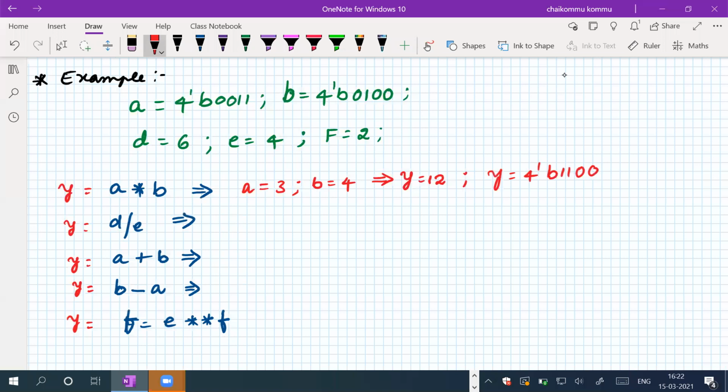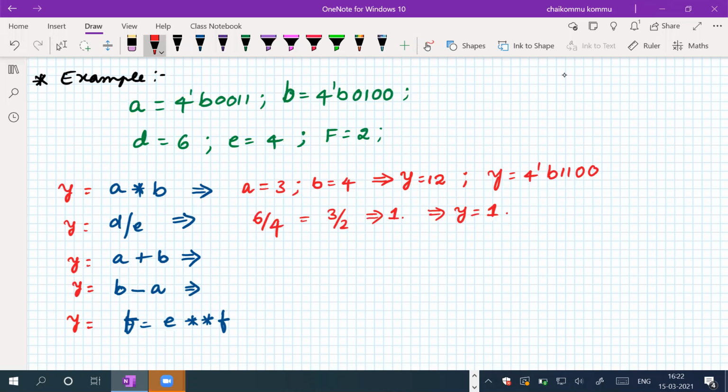It is a division operation. So what is Y here now? 6 by 4, that is 3 by 2. The value becomes 1. Therefore, Y is assigned 1. Whatever the remainder is, that remainder will be discarded for this one.